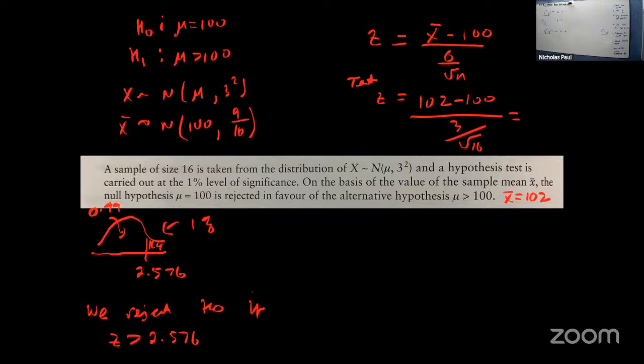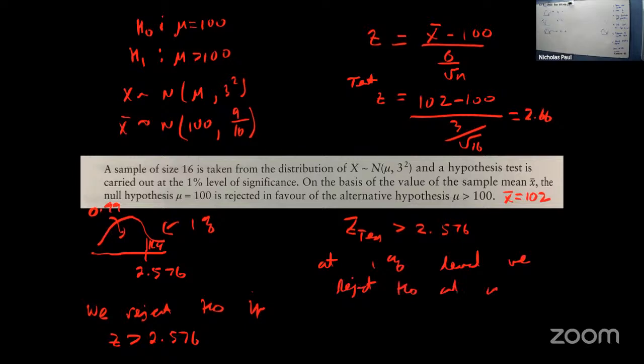So that value there is 2.66. So the Z test value is greater than 2.576. So at the 1% level, we reject H naught and conclude that mu is greater than 100. That's it.